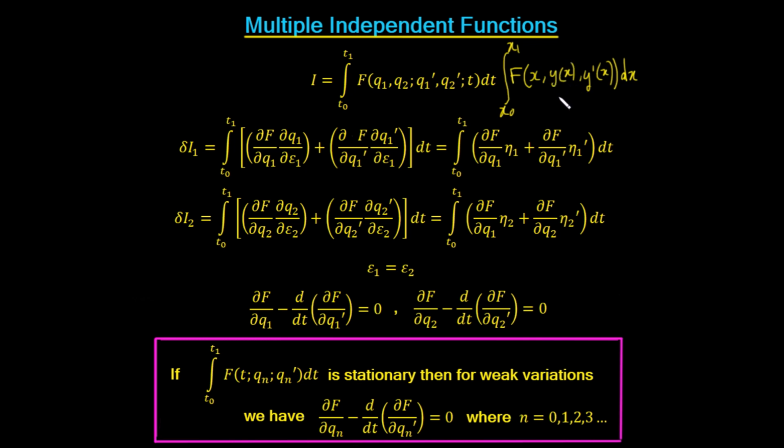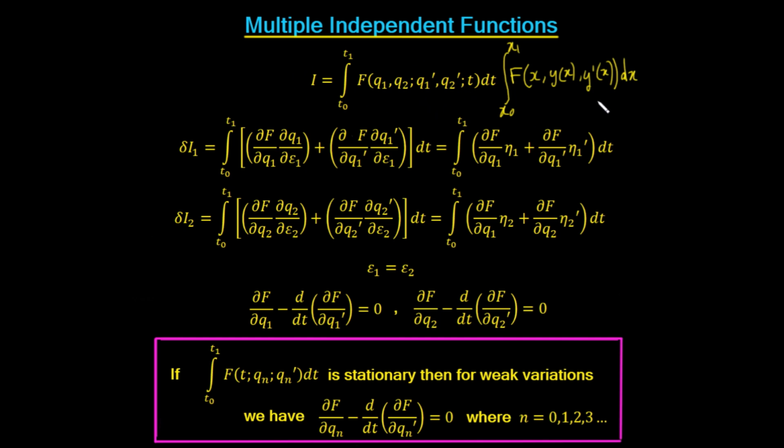So for example, we could have y1 of x, y2 of x, y3 of x, and so on and so forth. And we could have y1 derivative of x, y2 derivative of x, y3 derivative of x, and so on and so forth. So we could generalise this simple functional by adding in multiple independent functions of x. And that's what we've done with this generalisation here.